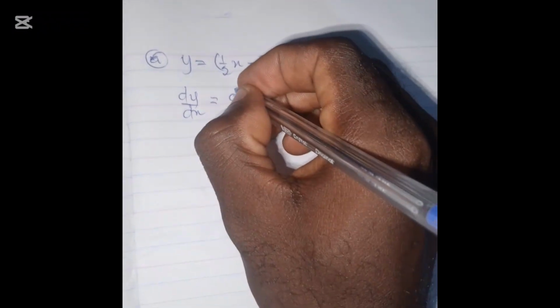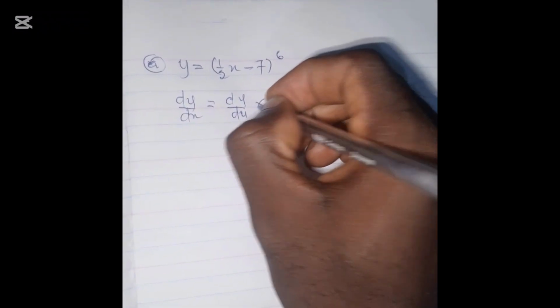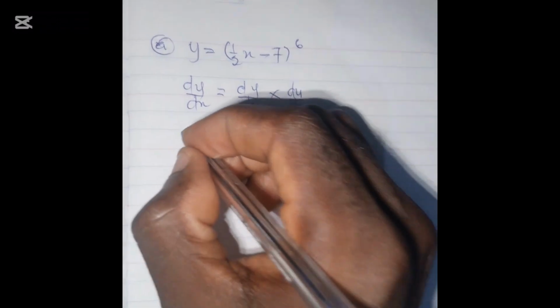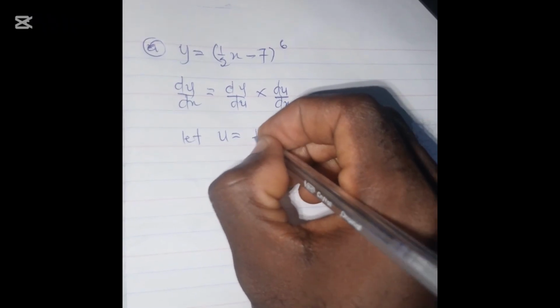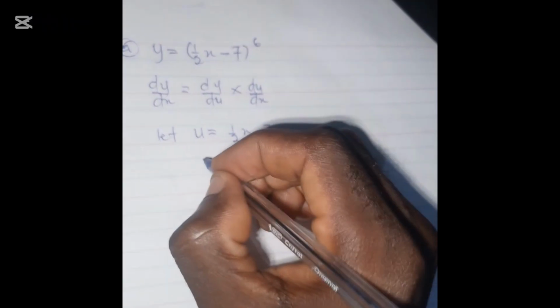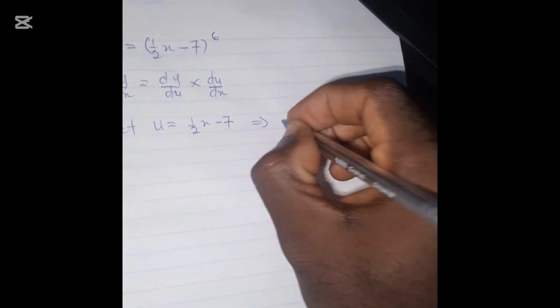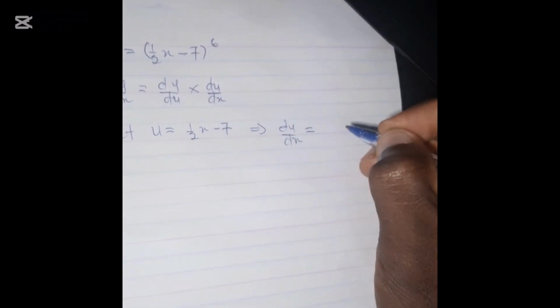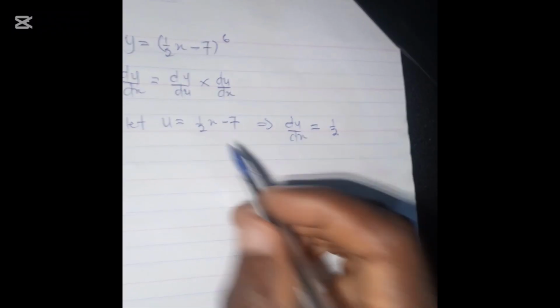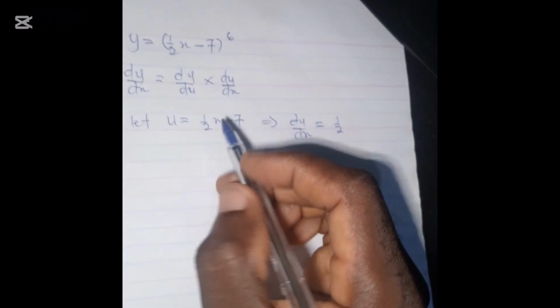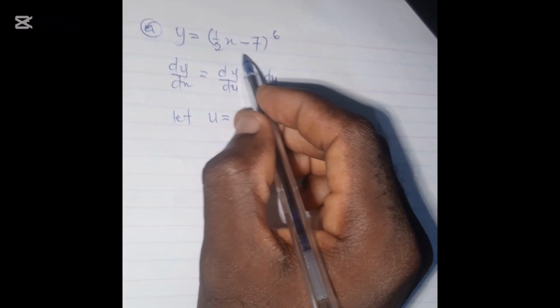With the normal process, we know dy/dx is equal to dy/du times du/dx, and we start that by saying let u equal to what is inside the bracket, which is half x minus 7, which implies our du/dx is going to be half.